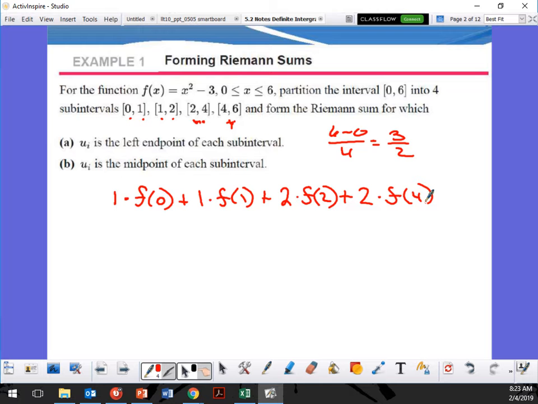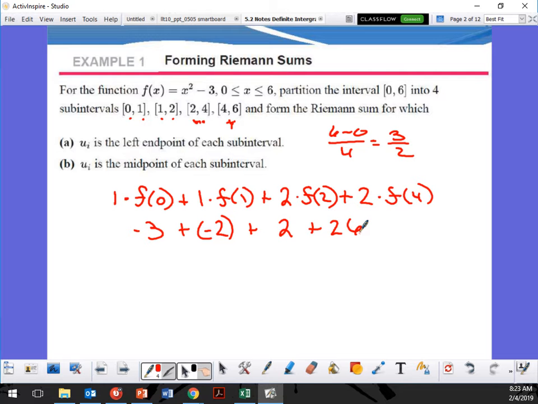F of 0. Negative 3, right? Negative 3 times 1, negative 3, plus f of 1, negative 2, times 1, negative 2, plus f of 2, which is 1, times 2, 2, plus f of 4, 13 times 2, 26.